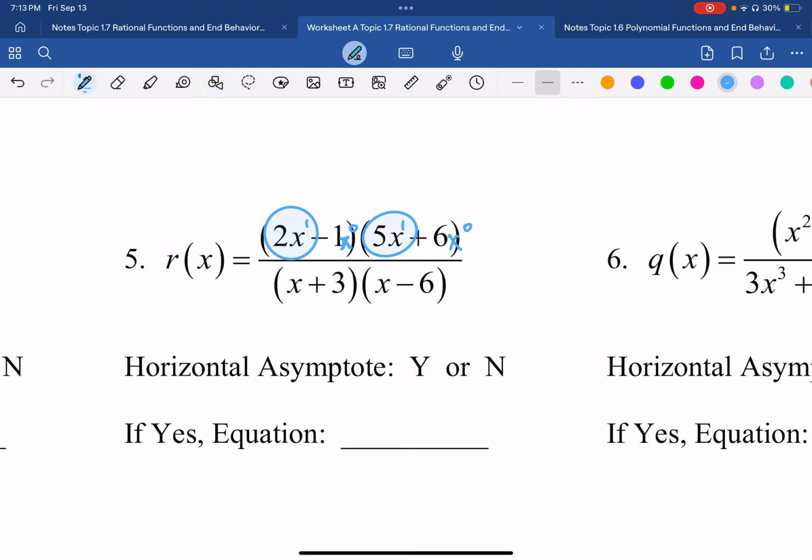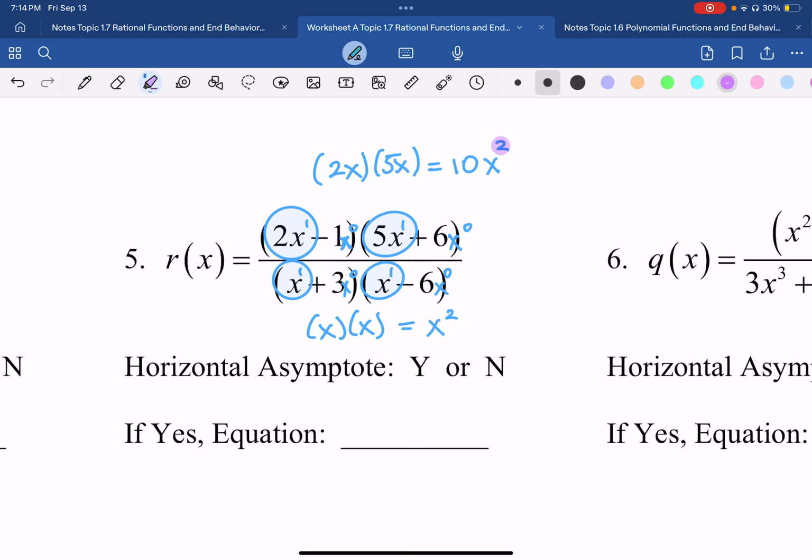For the denominator, we have x to the power of 1 plus 3x to the power of 0, and then x to the power of 1 minus 6x to the power of 0. So the leading term would be x and x. So what you're going to do for the numerator is multiply 2x times 5x, which is 10x squared, and in the denominator, x times x, which is x squared.